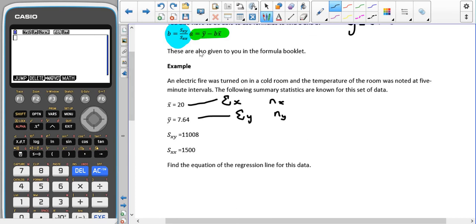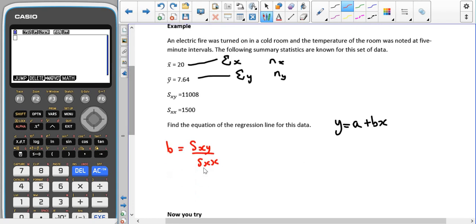So as I said before, we are having to find b first. Remember that we're writing our answer in the form of y equals a plus bx. Then to find the value of b, we're going to be using sxy divided by sxx. So using the values that were given in the question, that means that we're going to have 11,008 divided by 1,500.